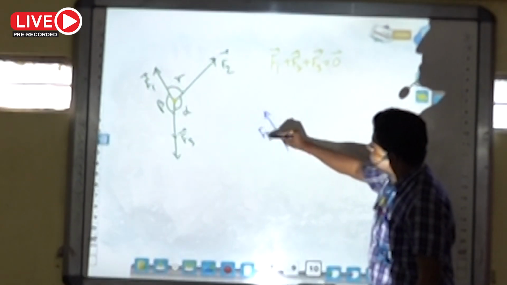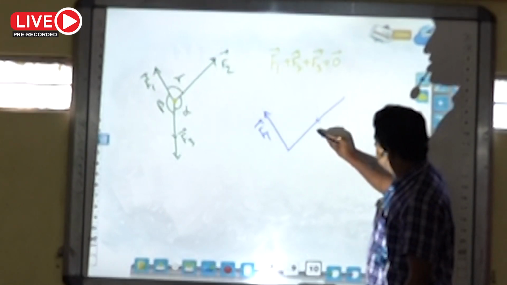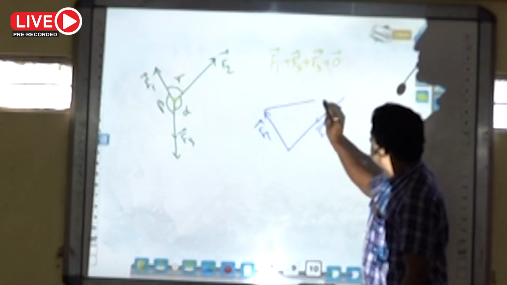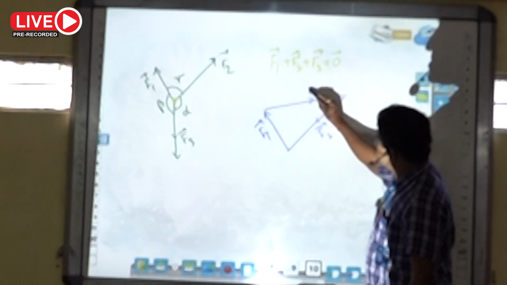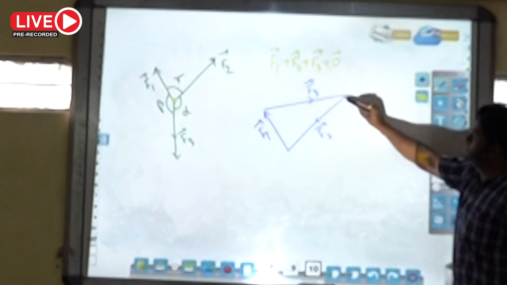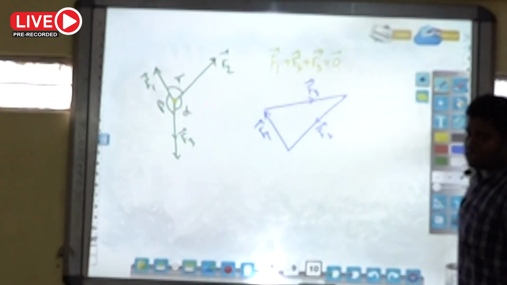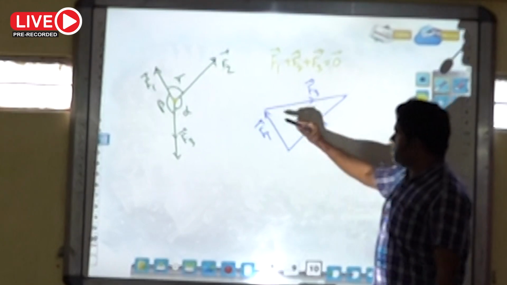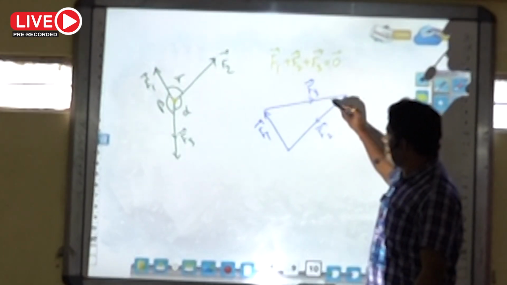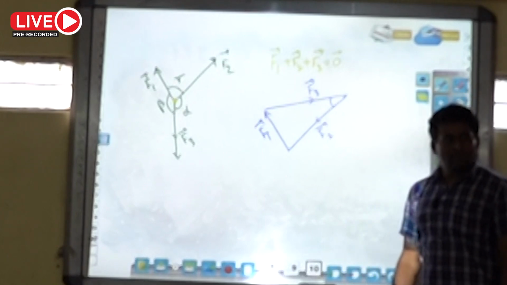F1, F2, F3. Check, all are taken in the same order, and in this situation you will find that if this is F1, this angle will be alpha.